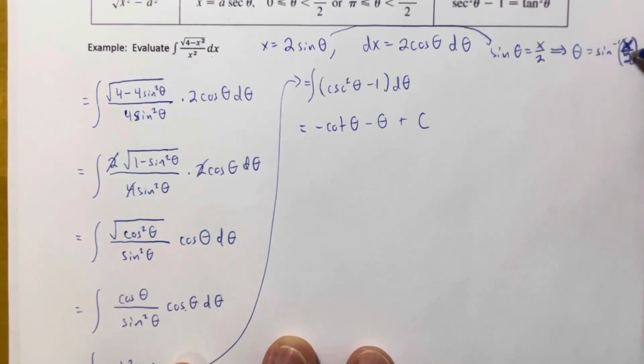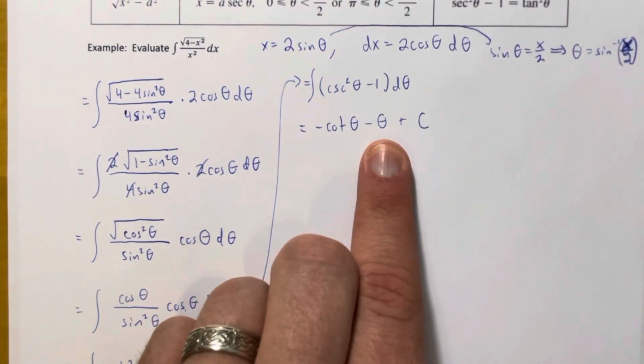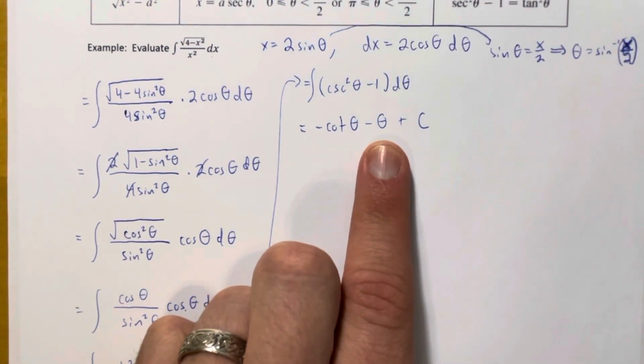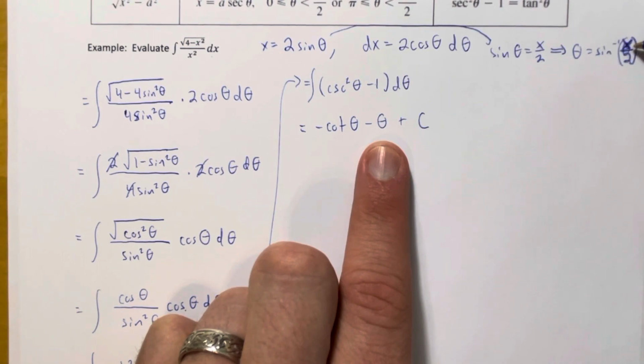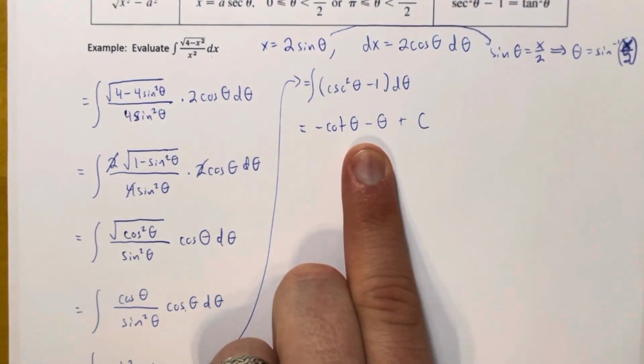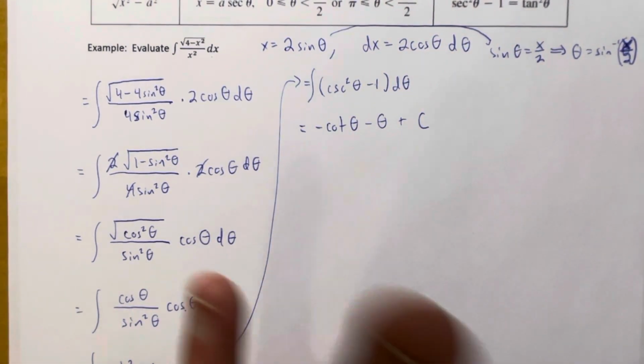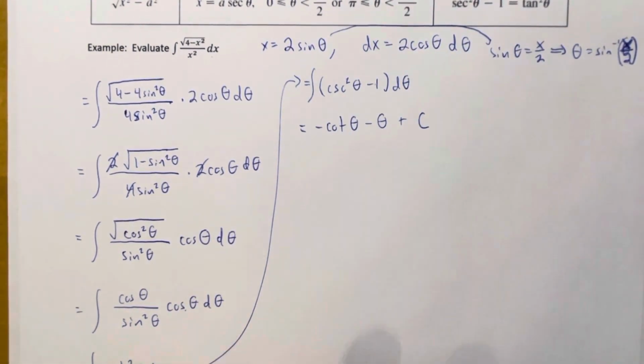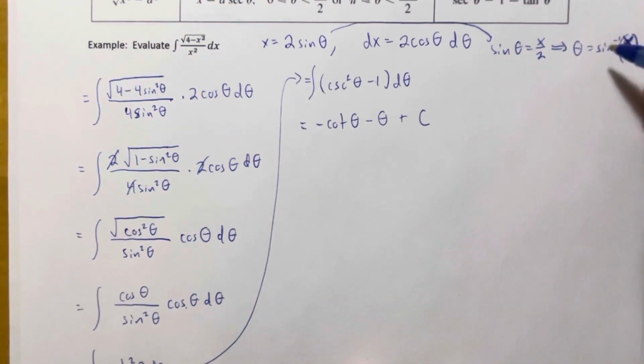Sorry, that's sloppy. That's an x over 2 right there. Okay, so that's good because that gives me a substitution that I can use for that theta. I could just plug inverse sine of x over 2 into that theta and have negative cotangent of inverse sine of x over 2. But I really don't like that. So we're going to approach that differently.